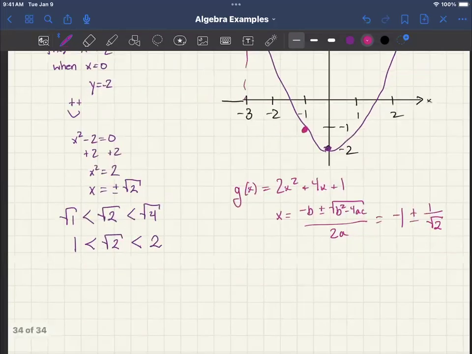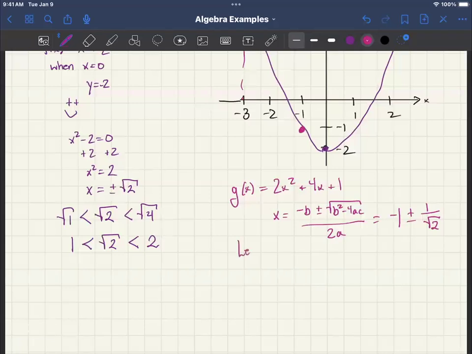Let's find the vertex of g of x. That might help us draw this graph a little bit better. Remember, when we're talking about a quadratic, the vertex is our h comma k. It's that central place where we have that symmetry for our quadratic function.